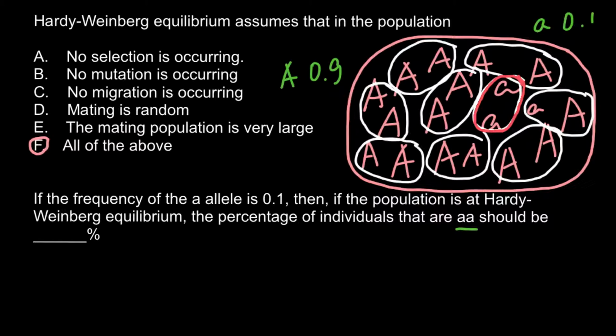We just have to multiply the probability of the recessive allele a, that is frequency 0.1, by the probability of meeting another recessive allele. So we multiply 0.1 by 0.1, and our answer is 0.001.